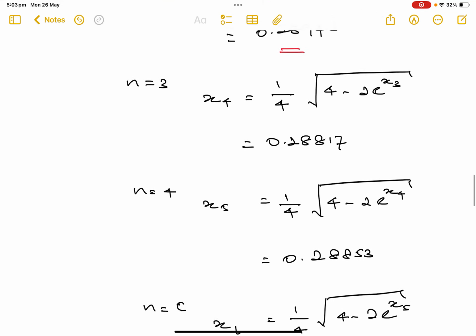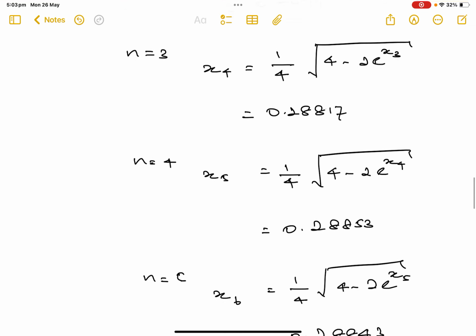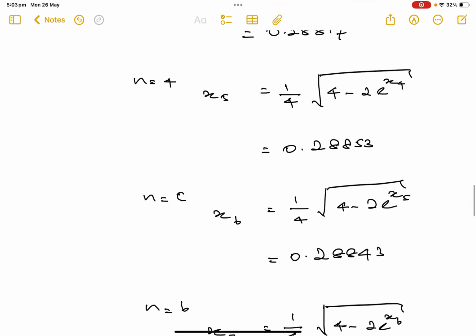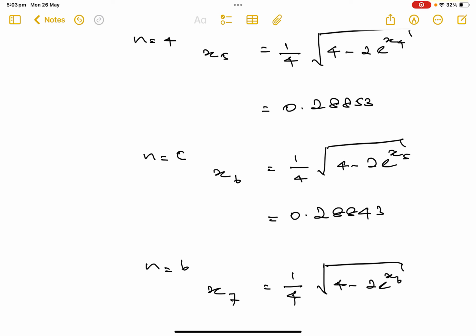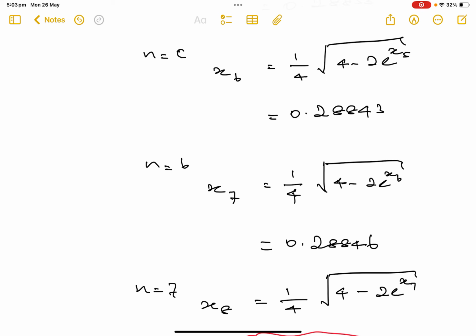So it's just going down from the first part. Okay, n equals 4, the answer is 0.28853. n equals 5, the answer is 0.28843, slightly going down.